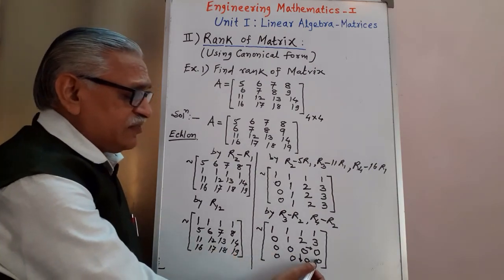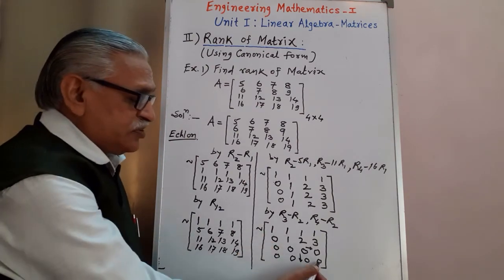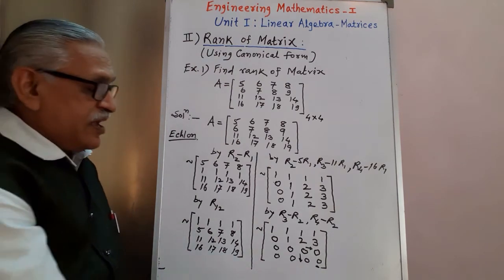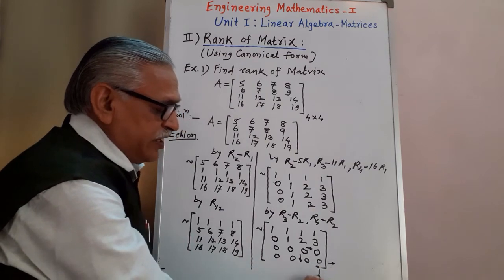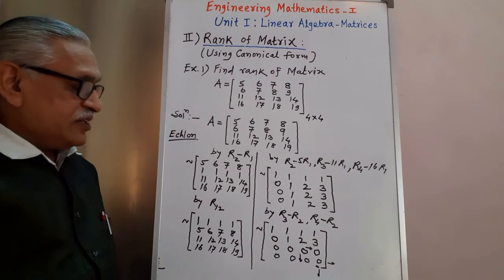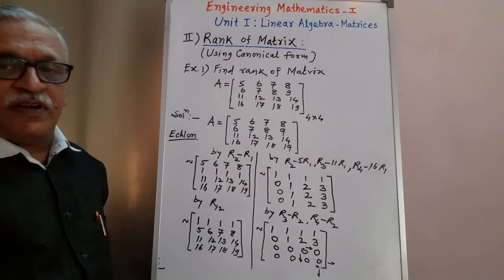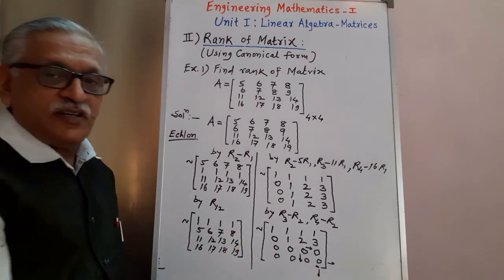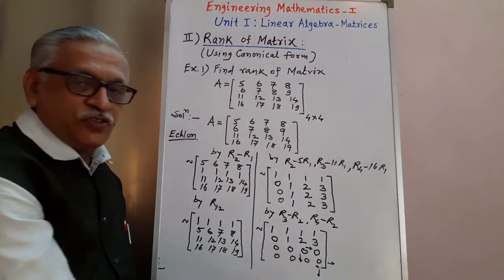Then we think for the last diagonal element. In the process the last is also 0, and no element is available in front of it or below it, so that we can make it non-zero. Therefore, this third and fourth diagonal element in the process of calculation becomes 0 and it is not possible for us to make it non-zero.